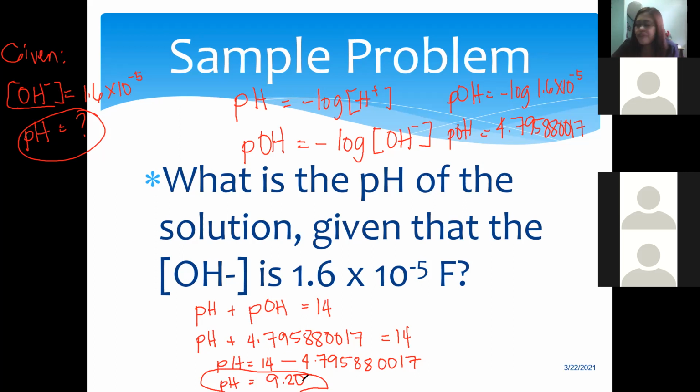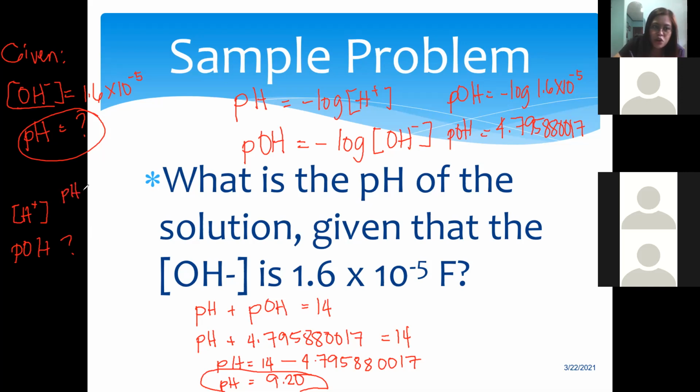If ang given ay OH, tapos you are looking for the pH. This is also applicable, class, if ang given ay H plus, pero ang hinahanap sa problem ay pOH. Applicable po siya. So again, pag ang ibinigay sa problem ay H plus, pero you are looking for the pOH, ganoon din.